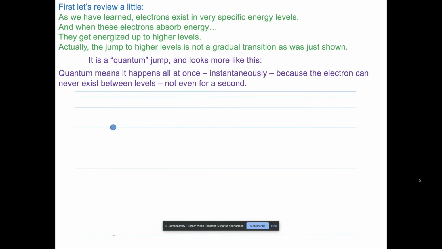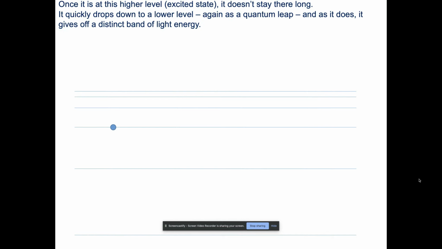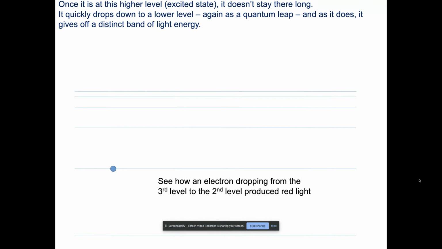Now remember that in the excited state, the electron is not stable, and it's going to try to move back down to its ground state, but it has to release the energy absorbed to do that. Depending on where it is in its excited state, it may release that amount of energy, which was just jumping down from the 3rd to the 2nd energy level.